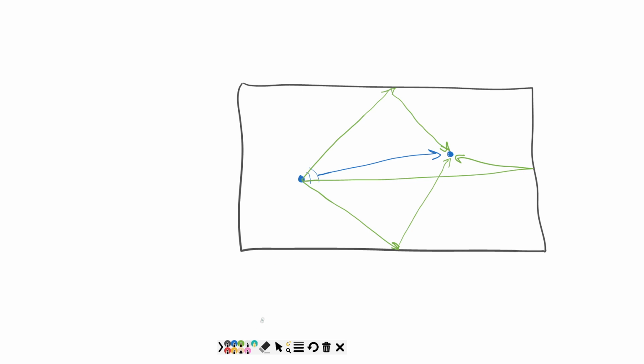Change colors over here. It could do multiple bounces. We could get something like this. Come over here, bounce, bounce, bounce. Well, close enough, right? Those angles aren't perfect, but it could have 2 bounces, 3 bounces, 5 bounces, and I'm only showing this in 2D.